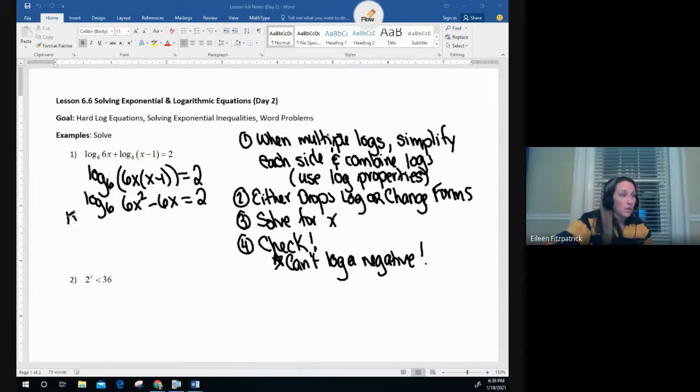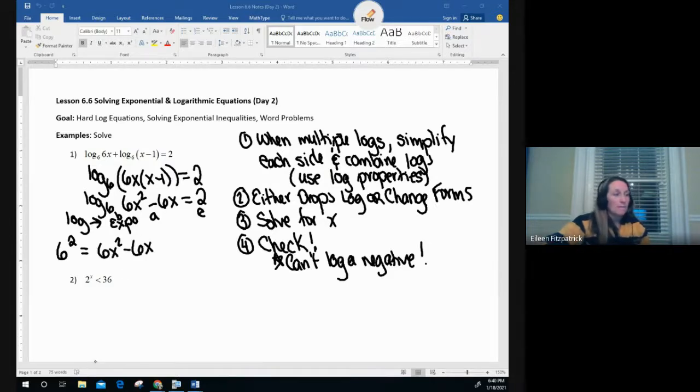I'm going to go from log form to exponential form. So remember, in log form, it's bacon and eggs, and I need to go to exponential form, which is base, which is 6, raise the exponent, which is 2, equals the answer, which is 6x squared minus 6x. 6 squared, 36, equals 6x squared minus 6x.